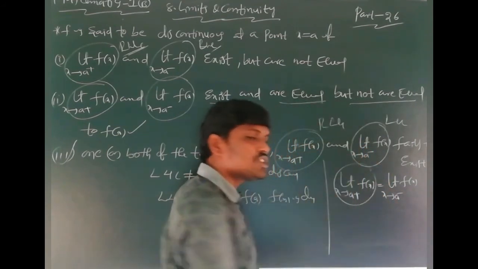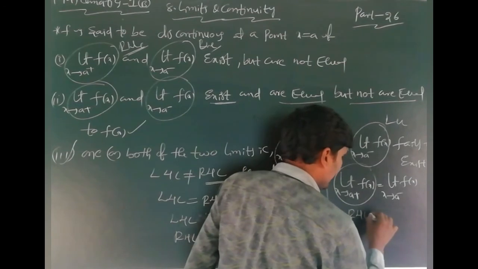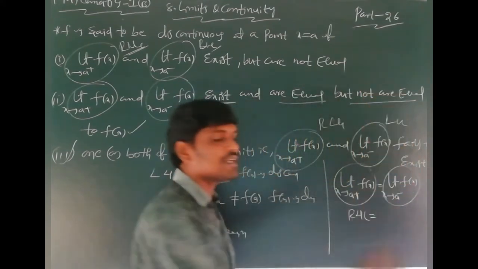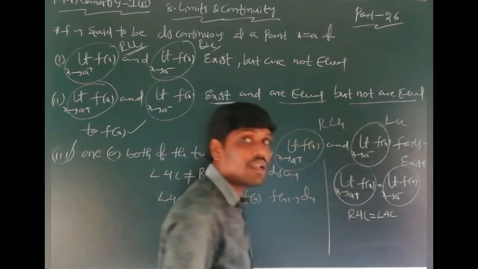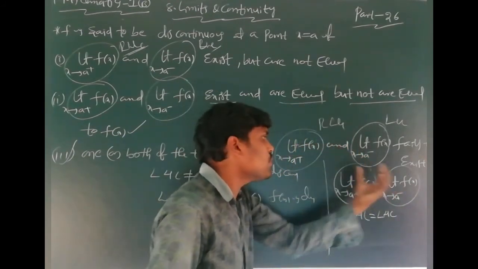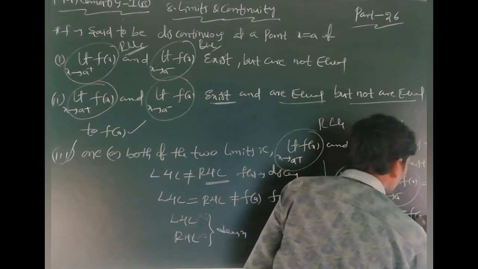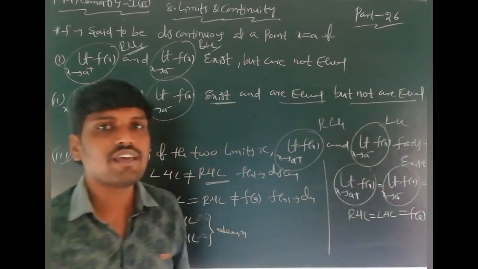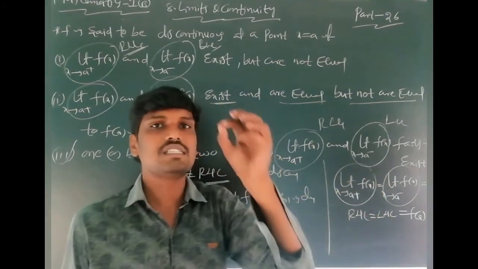Limit x tends to a plus f of x is the right hand limit, and limit x tends to a minus f of x is the left hand limit, and these two values are equal to f of a. In this case only f of x is continuous.